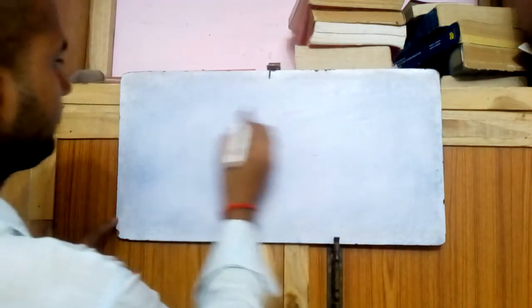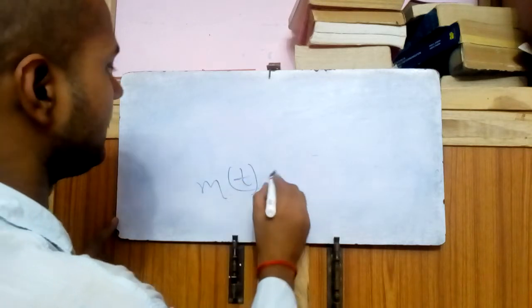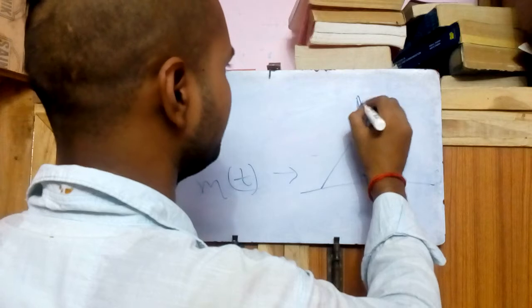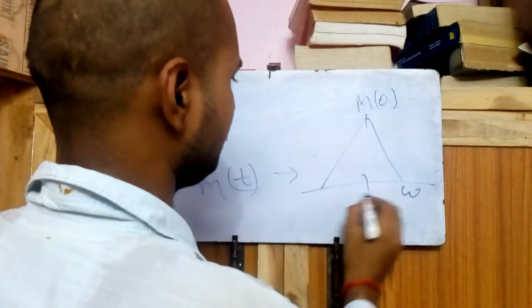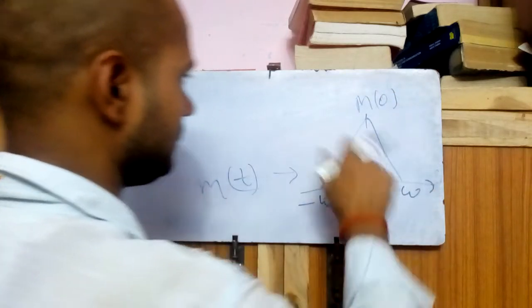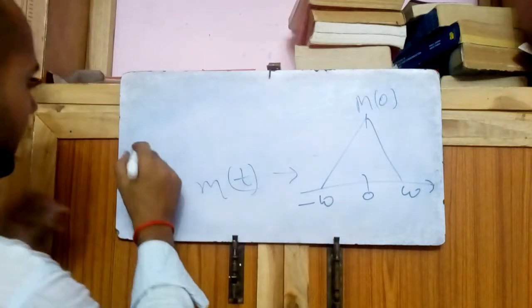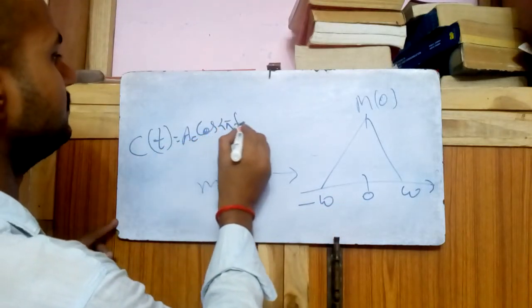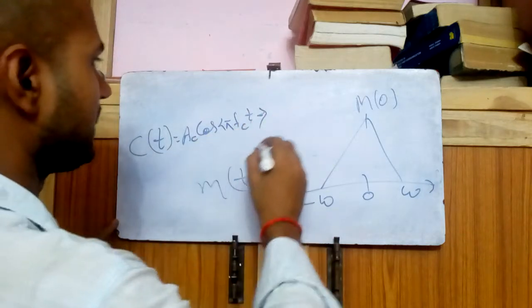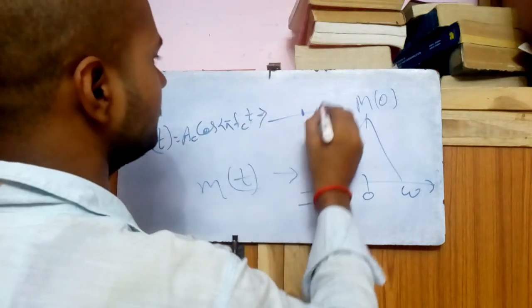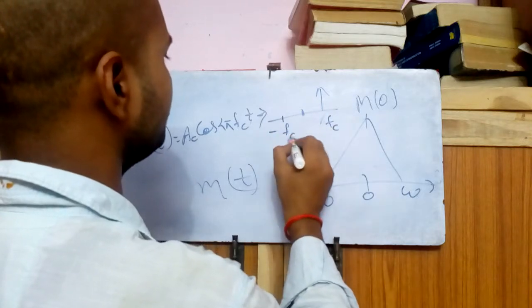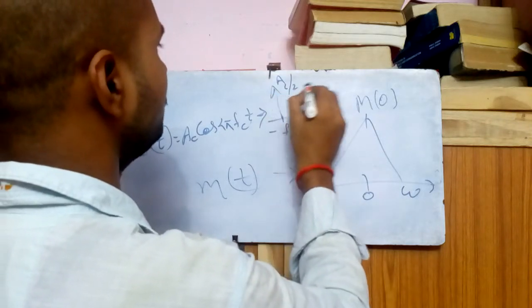So what will be the spectrum of the amplitude modulated signal? If m(t) is any arbitrary message like this, the spectrum of m(t) is this, and the carrier c(t) is Ac cos 2πfct. The spectrum of this c(t) will be impulses, Ac by 2, Ac by 2.